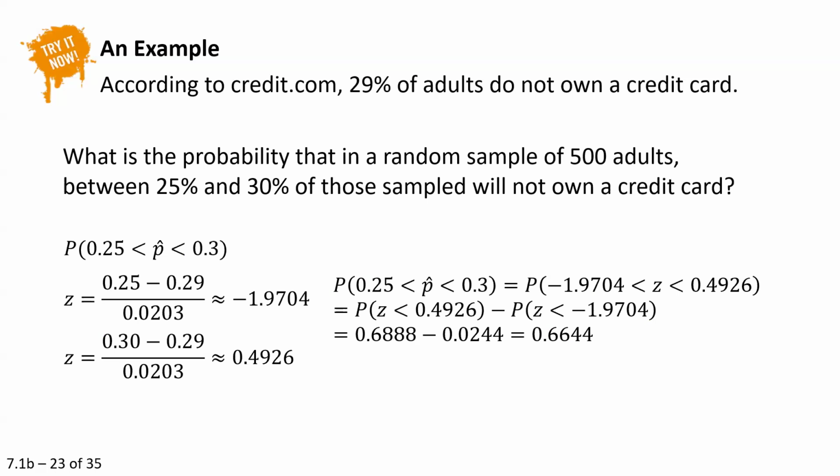So if I put 0.4926 into my spreadsheet for z, what's this? Area to the left. How about this? If I put this in, that's also area to the left. So I subtract those two off and I get the area in between.